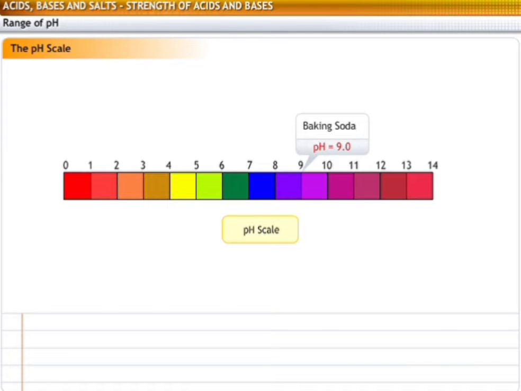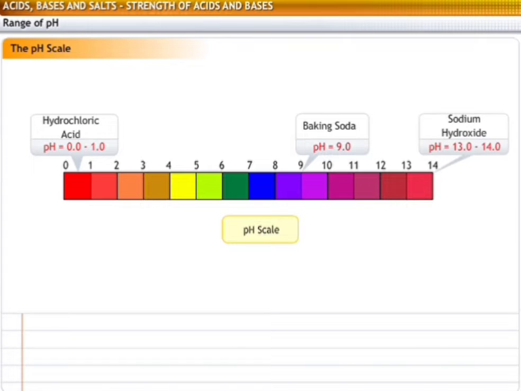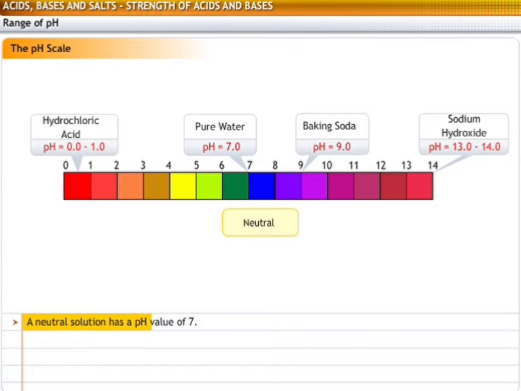On the pH scale, a very acidic solution shows a pH value between 0 and 1, and a highly alkaline solution shows a pH value of 14. A neutral solution is indicated by a pH value of 7 on the scale.